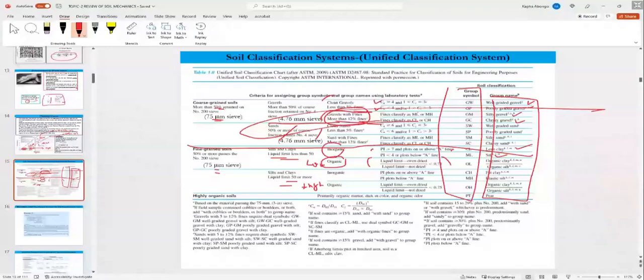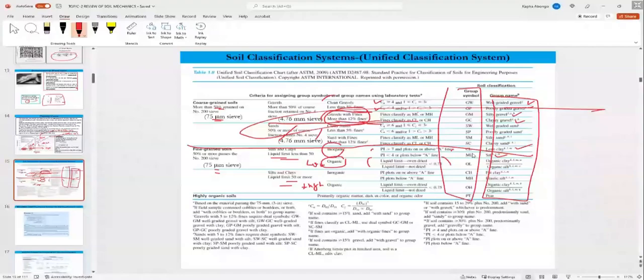Maybe I missed it. Did you mention what the MH or OH, ML and OL stand for, and CL and OL? I did mention that. C means clay, M means silt, O means organic, L means low, H means high. So CL will be clay of low plasticity.